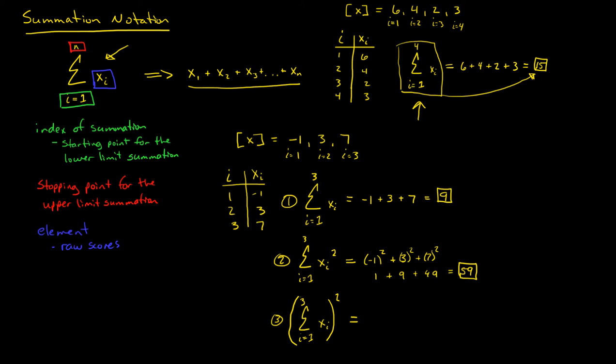So now what you want to do is go -1 plus 3 plus 7, squared, equals, order of operations. So -1 plus 3 is +2. +2 plus 7 is 9. So we've cleared the parentheses. That's 9, and 9 squared equals 81. So the solution to this expression is 81.